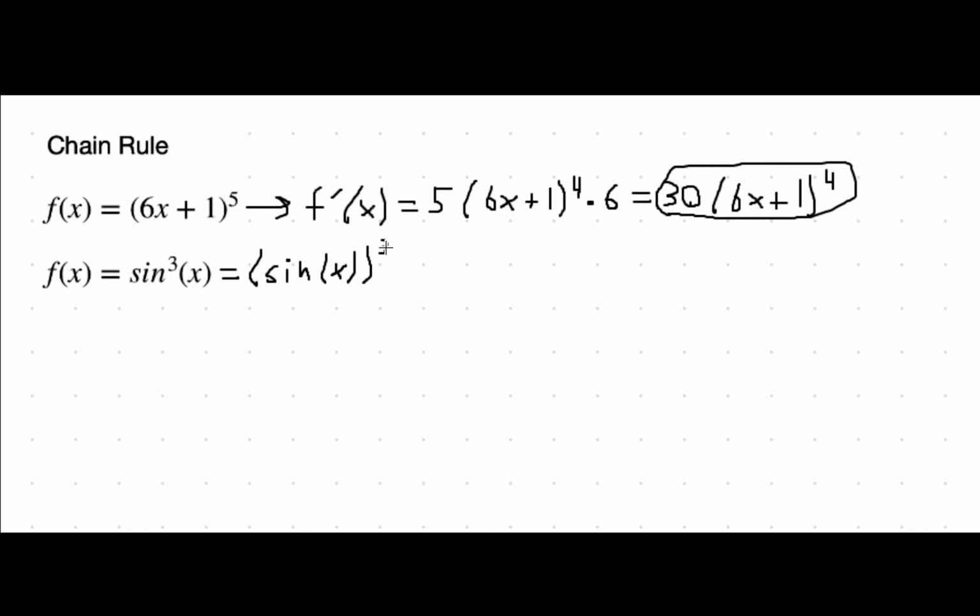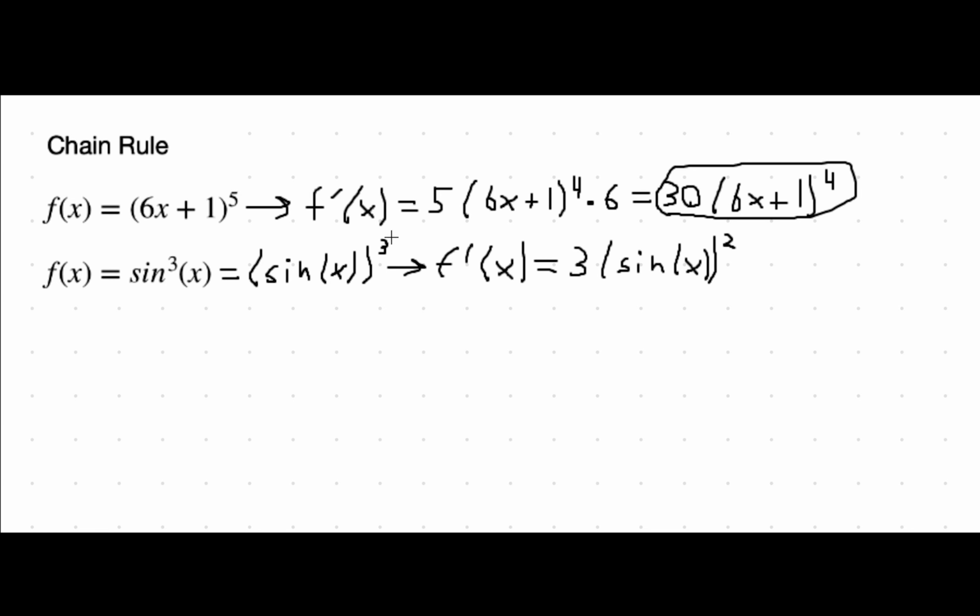We'll bring down the 3 as a coefficient out in front of sine of x, and then subtract 1 from that power, so the power becomes 2. So that's the derivative of the outer part.